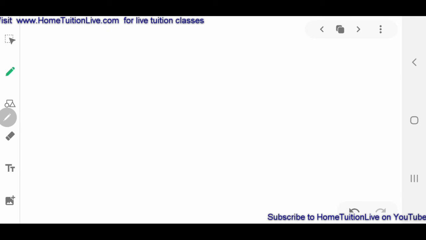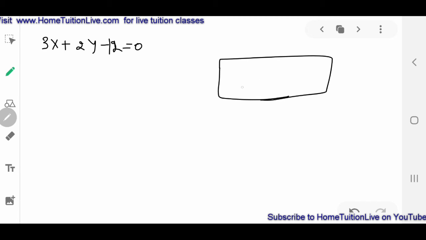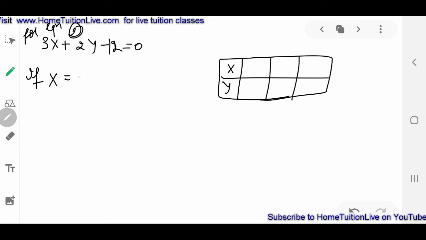Now for the second equation, 3x plus 2y minus 12 is equal to 0. X and y value. If x is equal to 0, 2y is equal to 12, y is equal to 6.